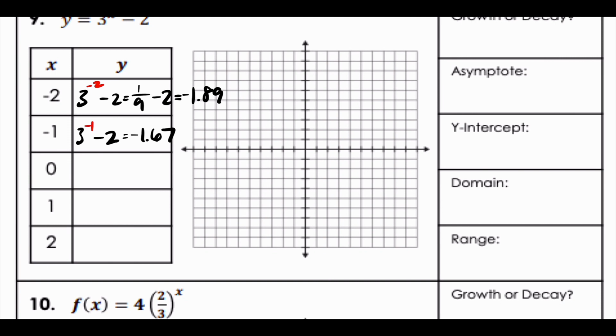Okay, next one. 3 to the 0 power minus 2.